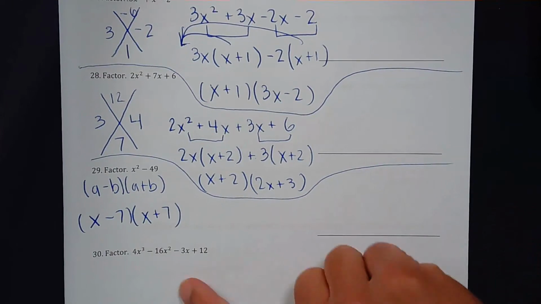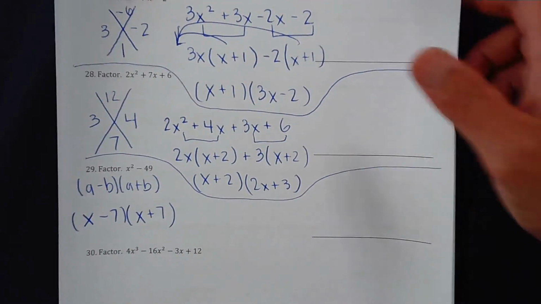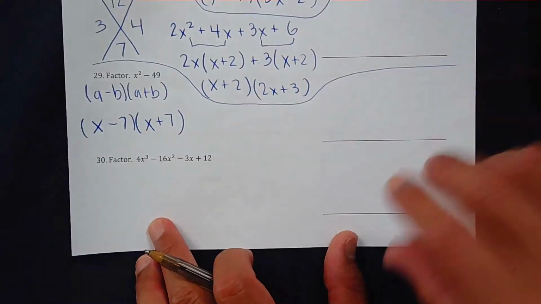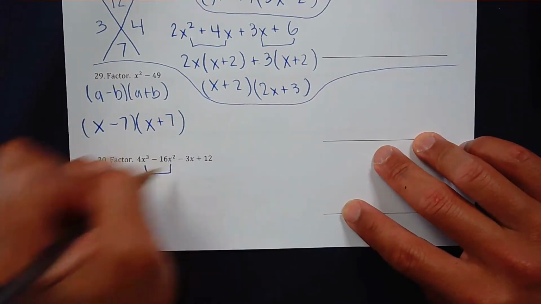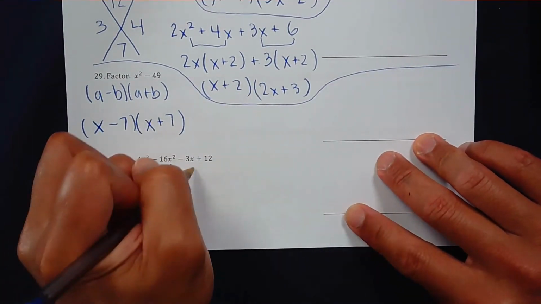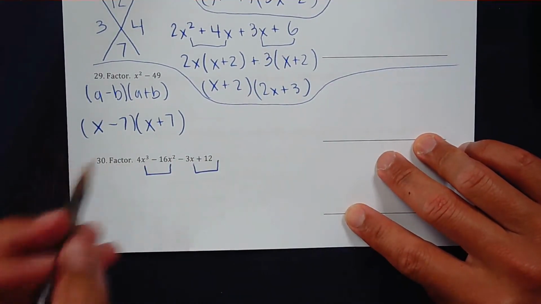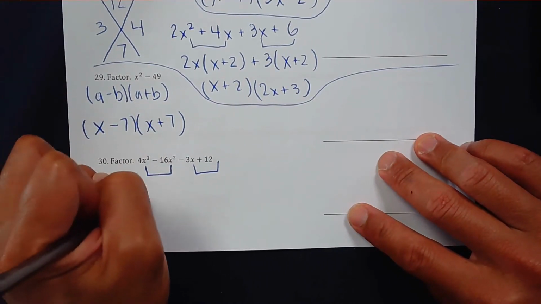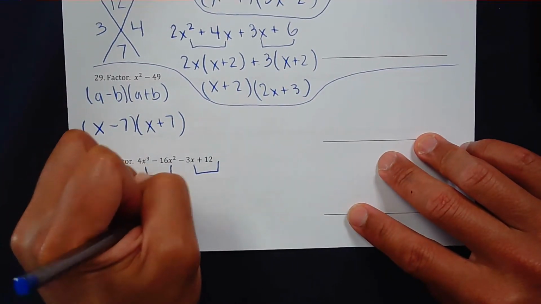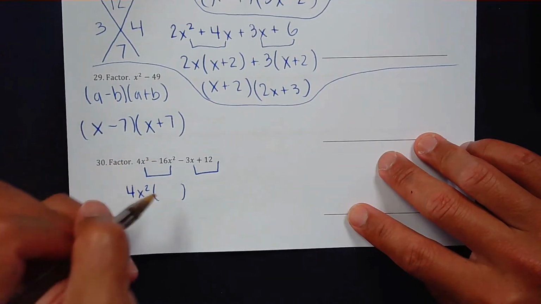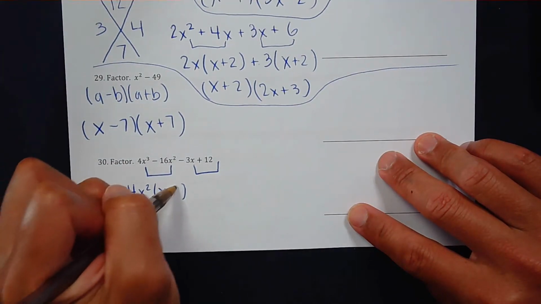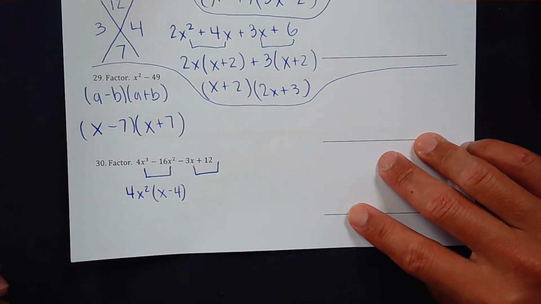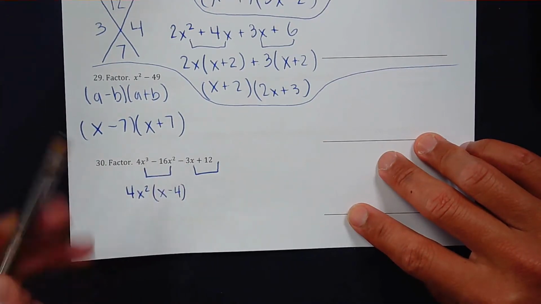All right, so now we have number 30. This is our factoring by grouping. We have 4 terms. We need to factor by grouping, same thing as we did before. Greatest common factor of these two is going to be 4x squared. In parentheses, we have x minus 4. And then same thing as I said before, we're going to factor out a negative 3, right?